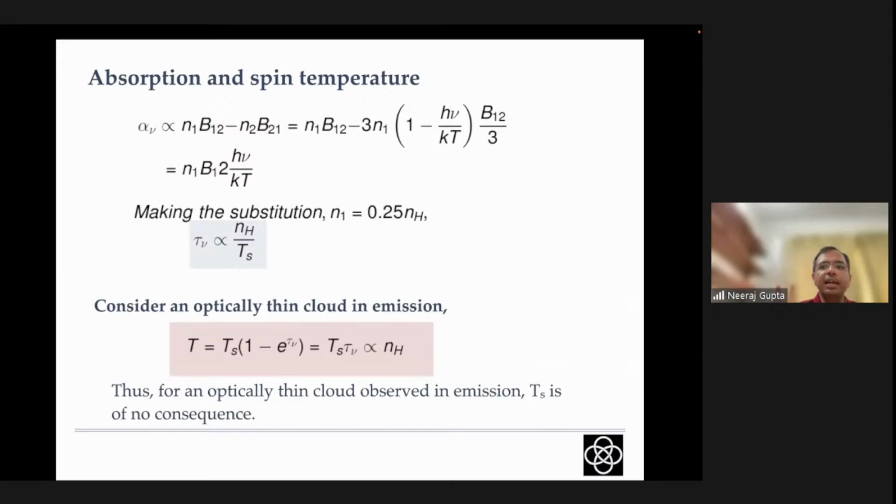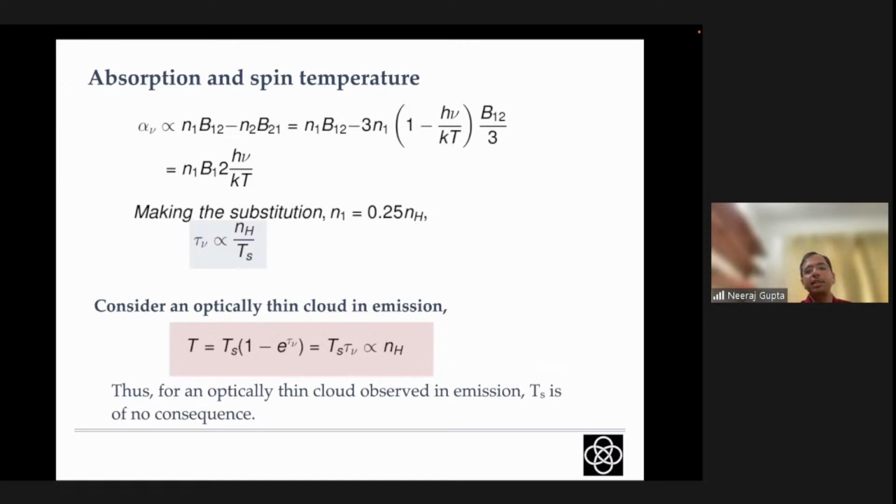Using that, I can straight away derive the total neutral hydrogen content of the galaxy, or the HI mass of the galaxy. This is something which is very difficult to do with any other transition, like let's say Lyman alpha. In that case, you cannot relate it directly to the number of atoms that are present.